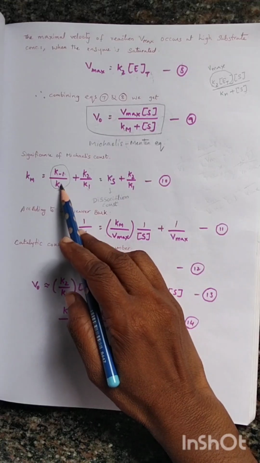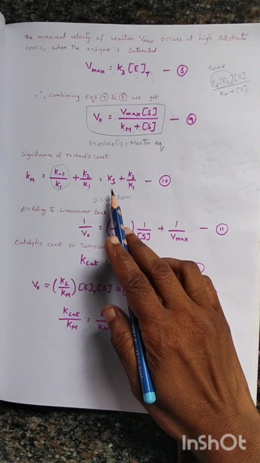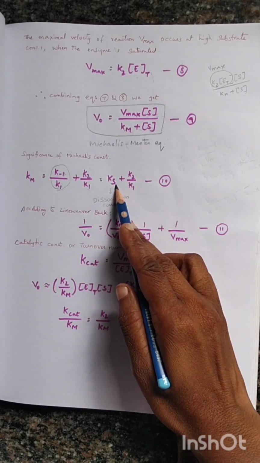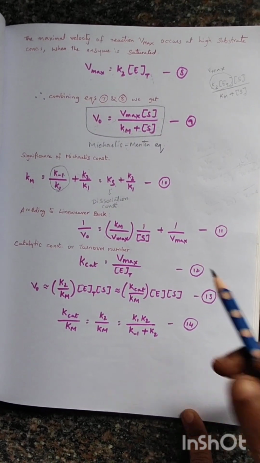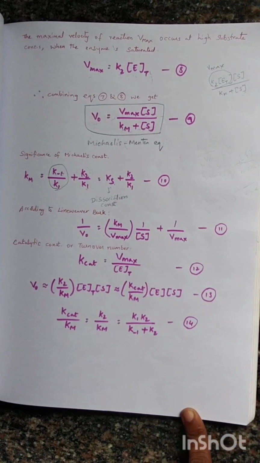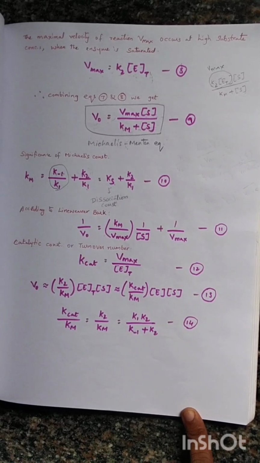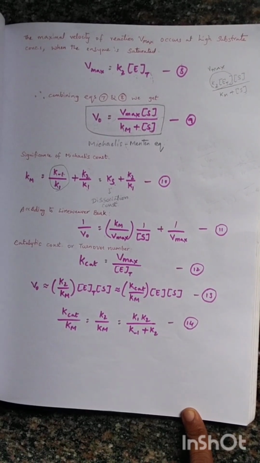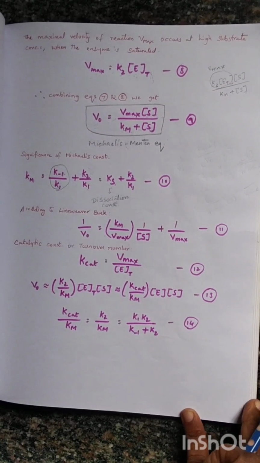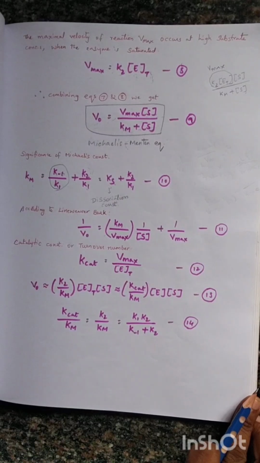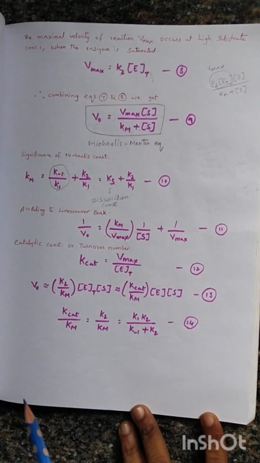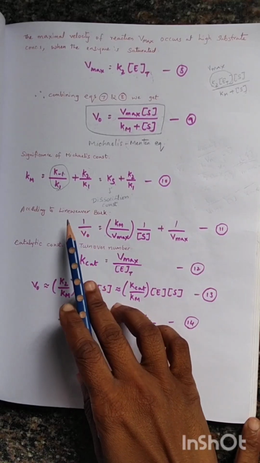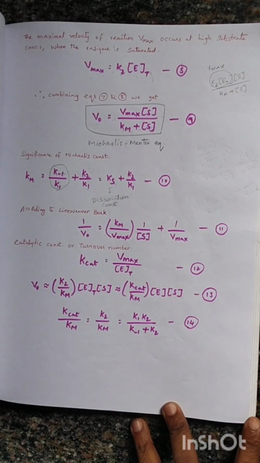This K minus 1 by K1 is the dissociation constant, Ks. Ks is known as the dissociation constant as it dissociates the enzyme and substrate freely in a reversible reaction, plus K2 by K1.